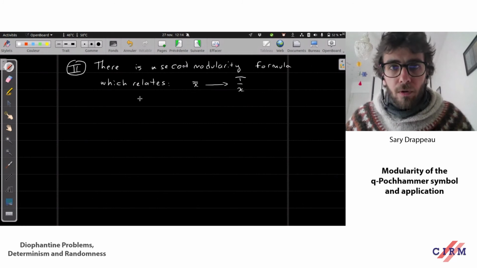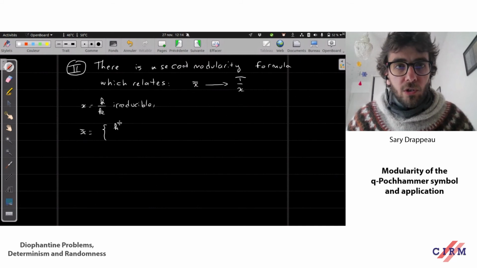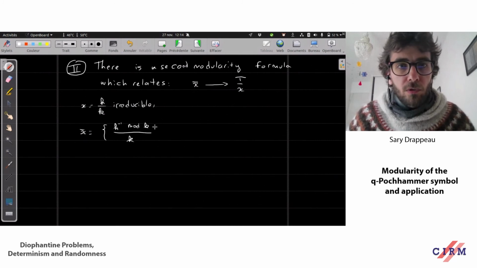gamma of x bar, where x is written as an irreducible fraction. And x bar is where you invert the numerator modulo the denominator. Of course, this is only defined modulo k, so we take the fractional part.